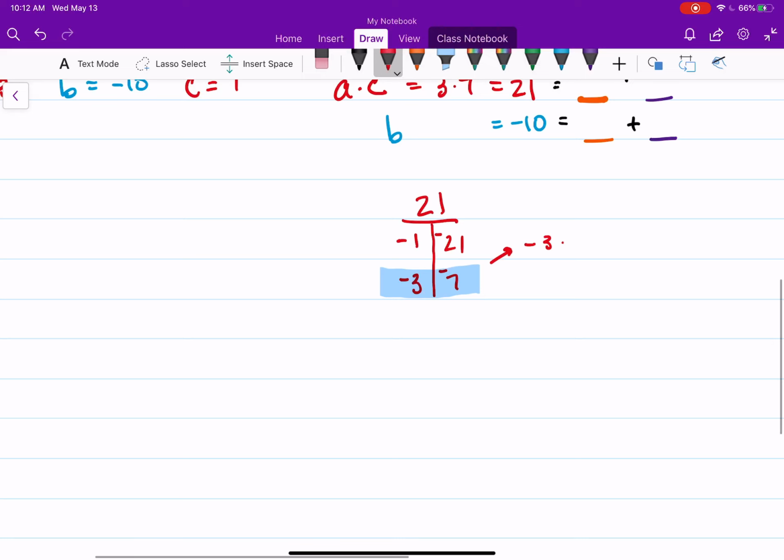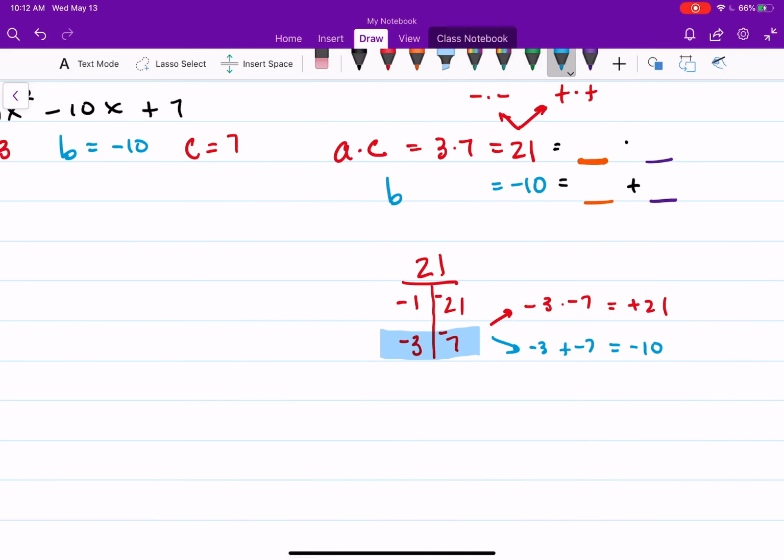Negative 3 times negative 7 gives you positive 21, but negative 3 plus negative 7 gives you negative 10, which is exactly what I want. So my numbers are negative 3 and negative 7.